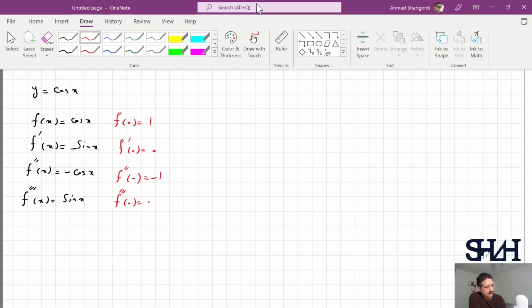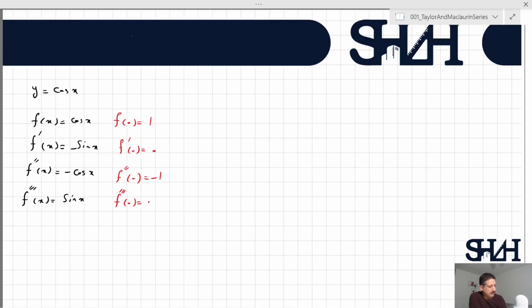If I substitute these in the format of the Maclaurin series, I can rewrite cos x as 1 plus 0·x to the power of 1 divided by 1 factorial, minus 1·x to the power of 2 over 2 factorial, plus 0·x^3 over 3 factorial, and so on. The next one will be plus 1 over 4 factorial x^4.